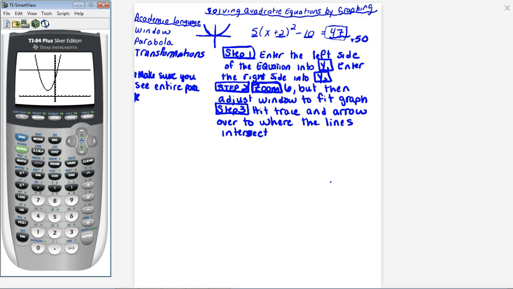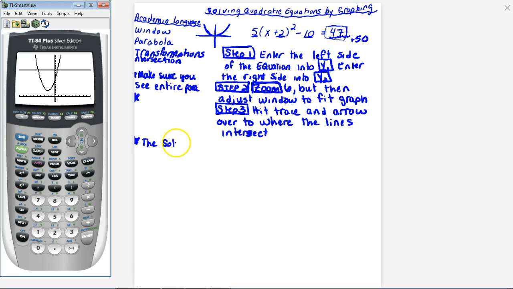Sorry for the misspelling. And let's put intersection up here under academic language. Okay, the solution is where they intersect. And why don't you go ahead and write that down over here below what we just did, okay?